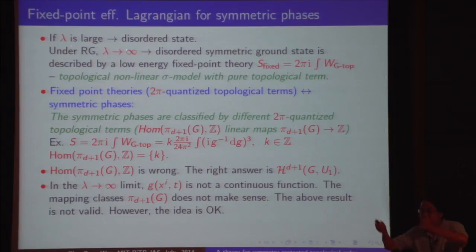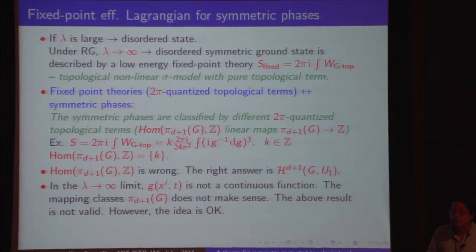If you put in a cutoff, that means the G at one point and the G at another point are totally uncorrelated. They can have arbitrary fluctuation. So what I really try to say is that G has no continuum limit. If you start with a cutoff theory, G has no continuum limit.